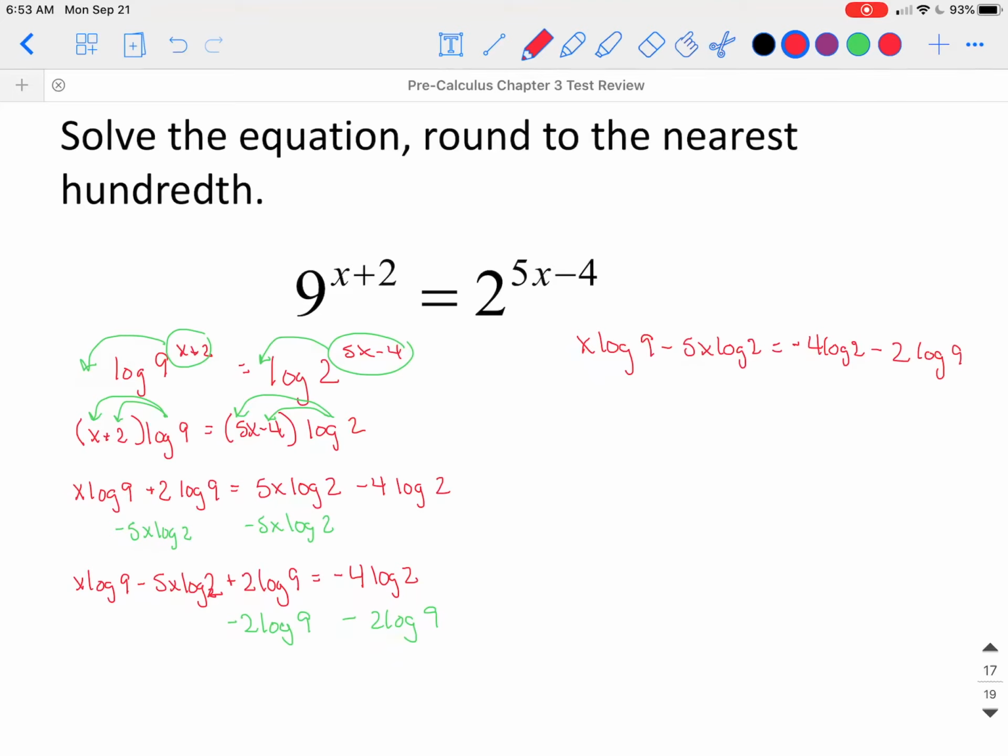Now if you notice on the left part, each piece has an x. So we can factor those x's out.